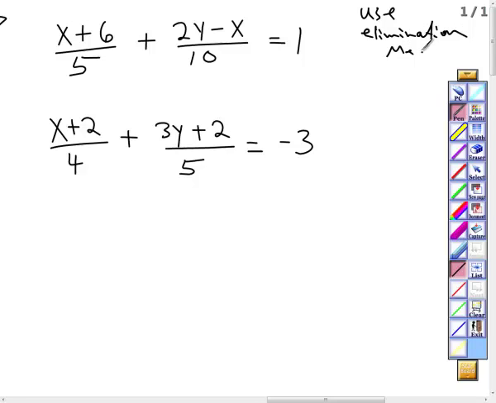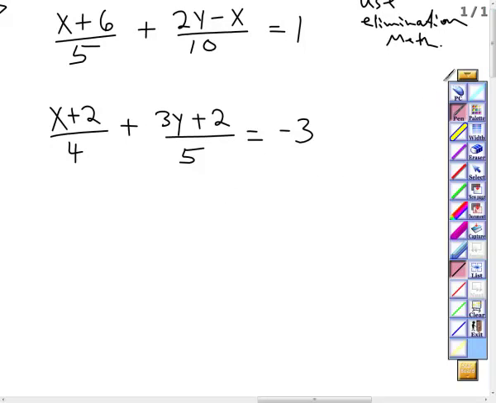Okay? So what would help to make our lives a lot easier in this problem? Get rid of the fractions, right.